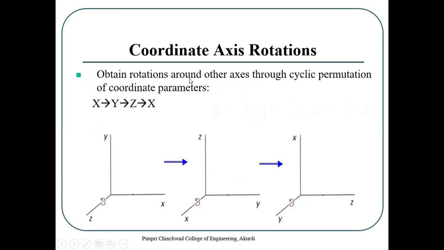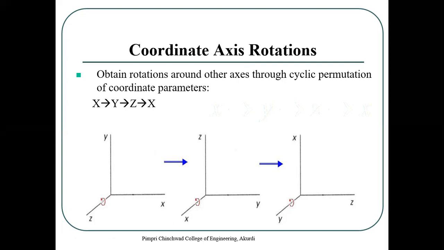Now for the rotations around the other axes, let's consider that the rotation about the x-axis can be obtained from the transformation matrix of rotation about the z-axis. It means we can use the transformation matrix that we have already calculated.